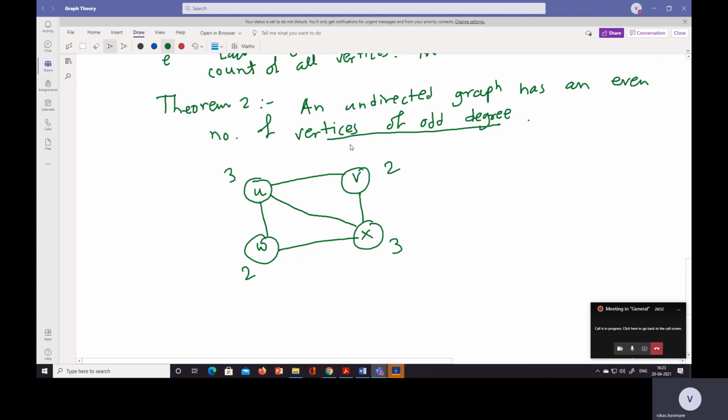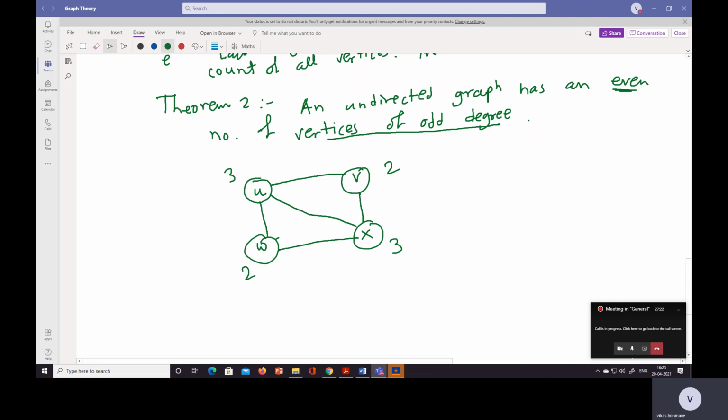So now count the number of vertices with odd degree. There are two vertices with odd degree, u and x. That means the graph has an even number, two, of vertices with odd degree. So the theorem is satisfied in this example.